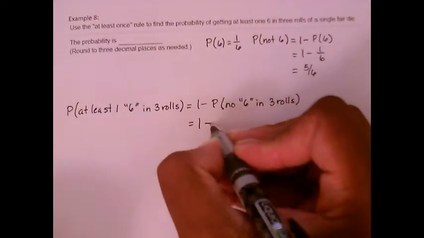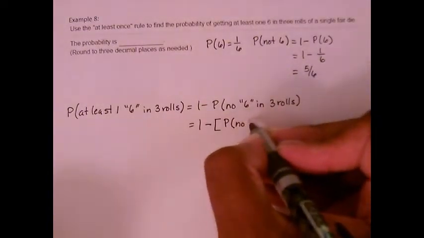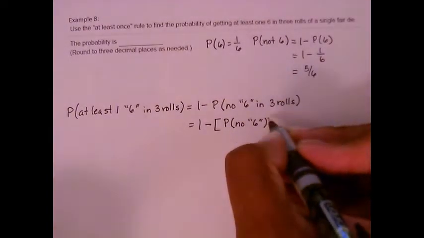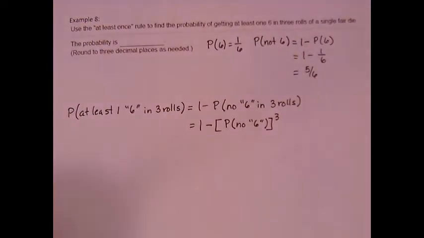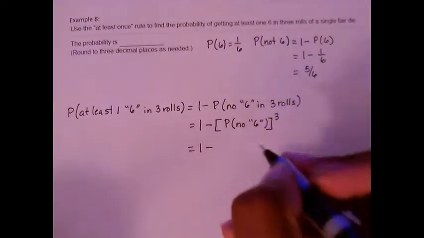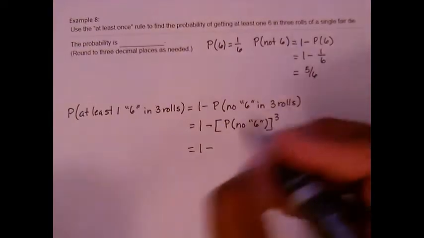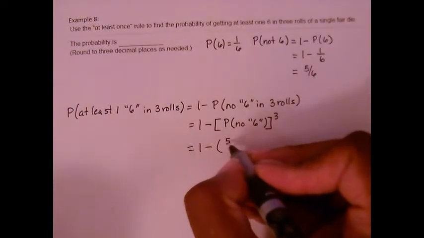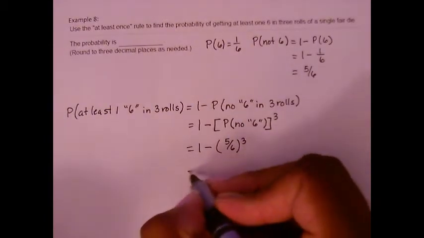And that's equivalent to 1 minus this, the probability of no 6. And that's going to be raised to the power of 3, because n is the number of trials, according to that at least once rule. So now we got 1 minus the probability of not getting a 6, which will be 5 over 6. So it'll be 1 minus 5 over 6, to the 3rd power.